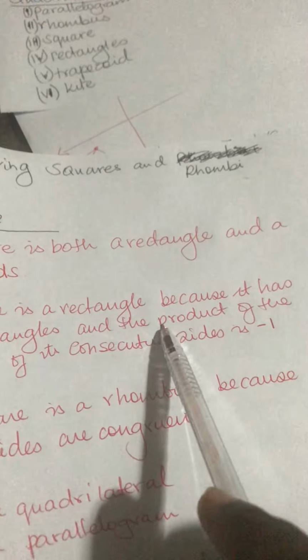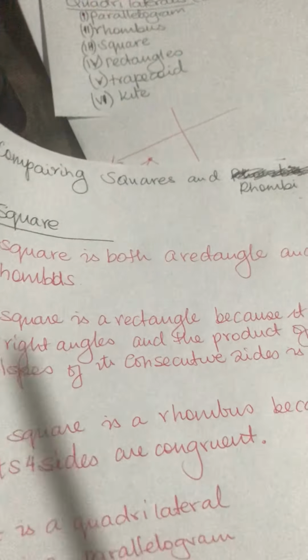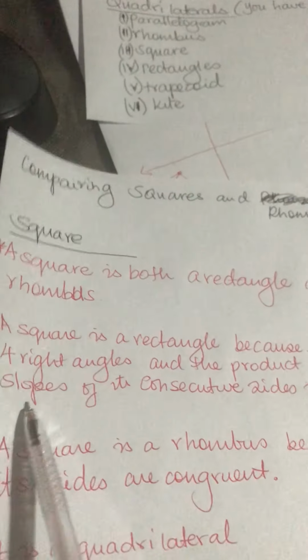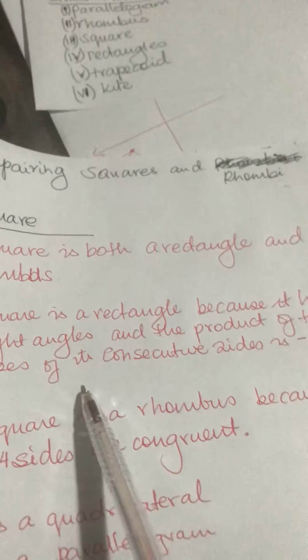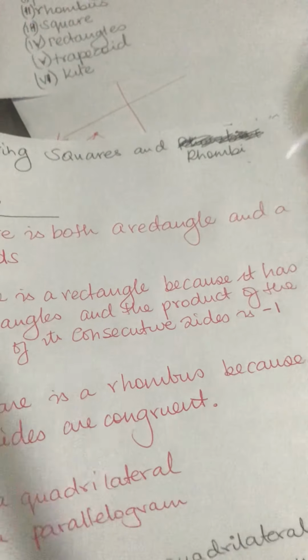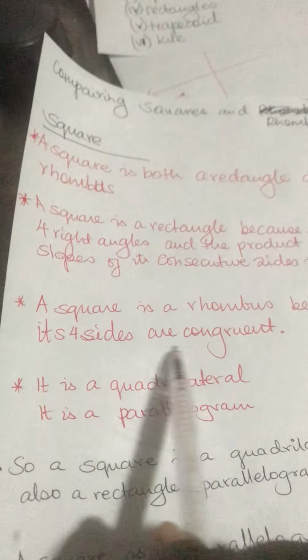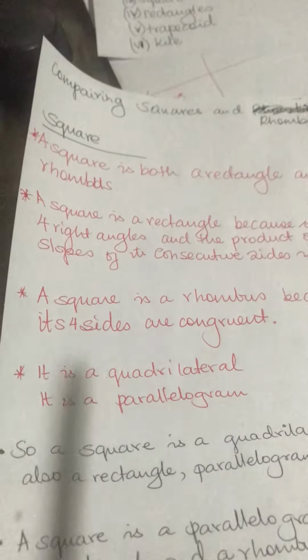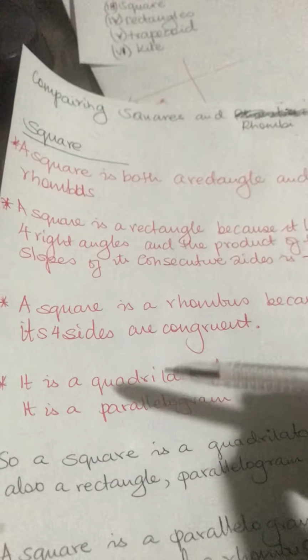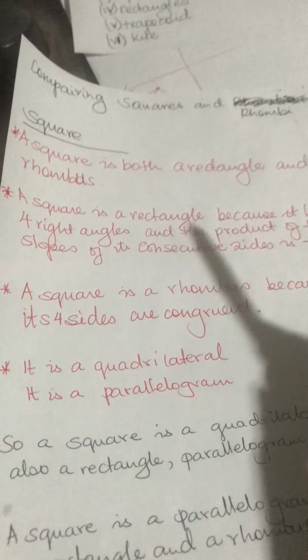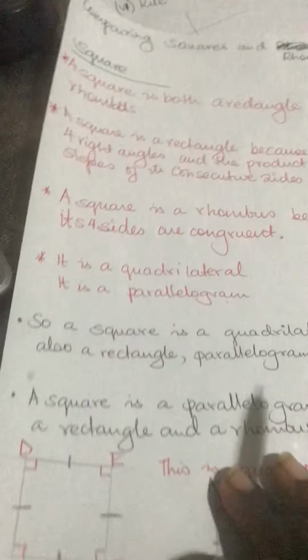A square is a rectangle because it has 4 right angles and the product of the slopes of its consecutive sides is -1. A square is a rhombus because all its 4 sides are congruent. A square is also a quadrilateral. A square is also a parallelogram.